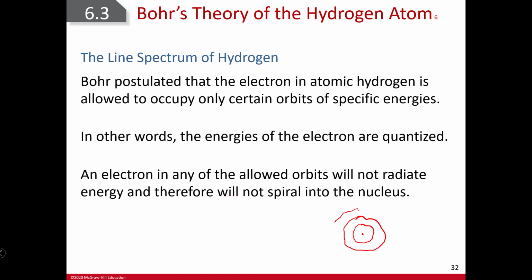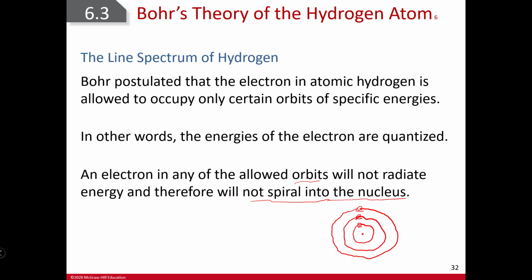And so this is following what we know about Planck's equation, that energy is quantized. The electron can exist here, it can exist in this orbit, or it can exist in this orbit, but it can't exist in between. And so an electron in any of these allowed orbits will not radiate energy and therefore not spiral into the nucleus.